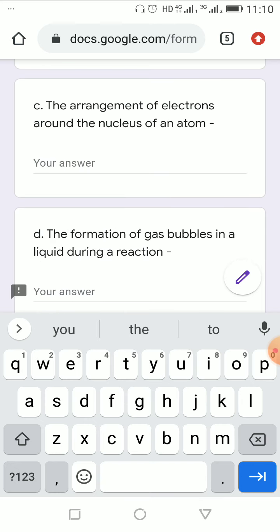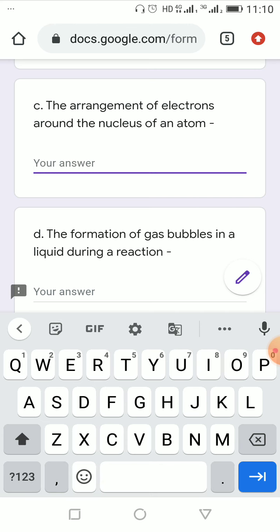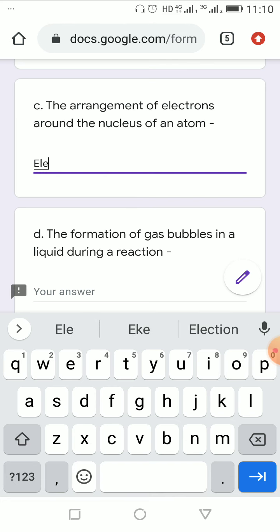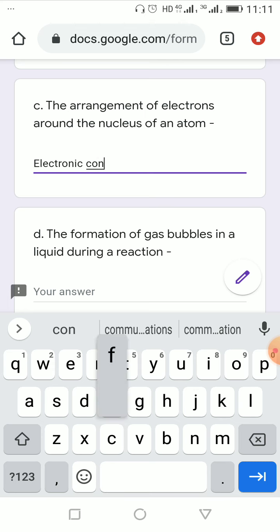Next, the arrangement of electrons around the nucleus of an atom. So, arrangement of electrons will be electronic configuration.